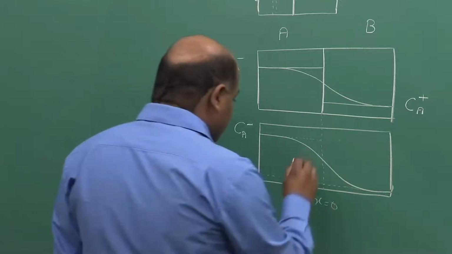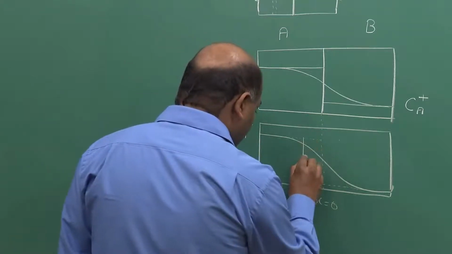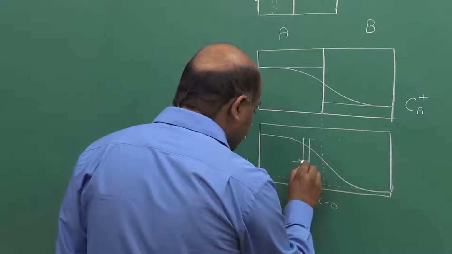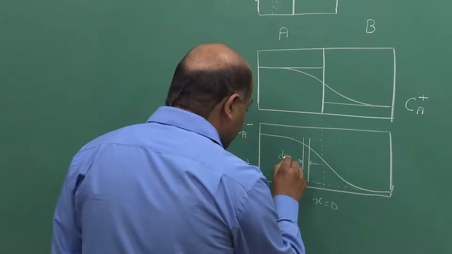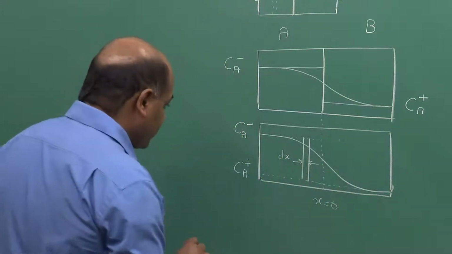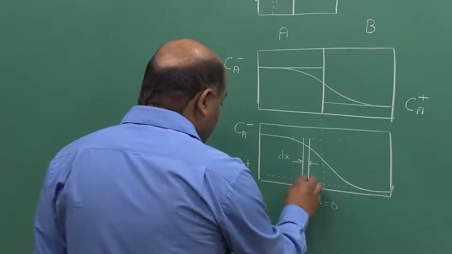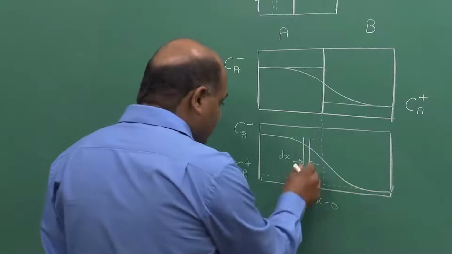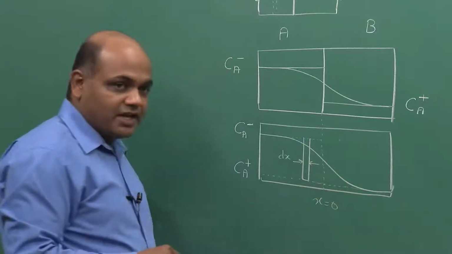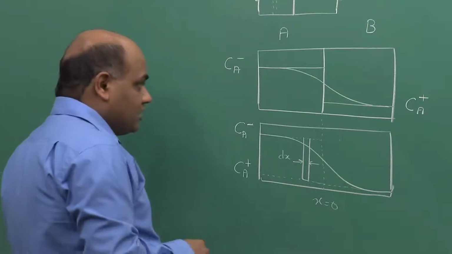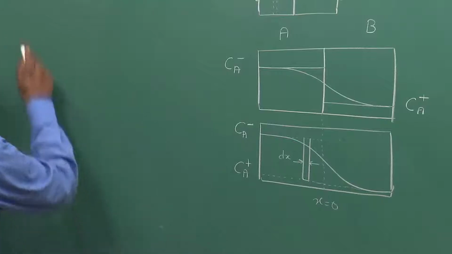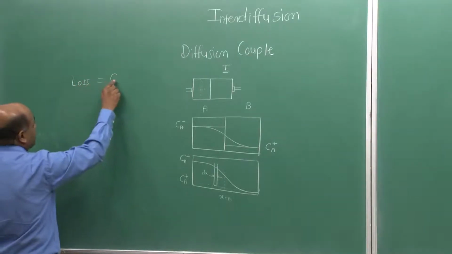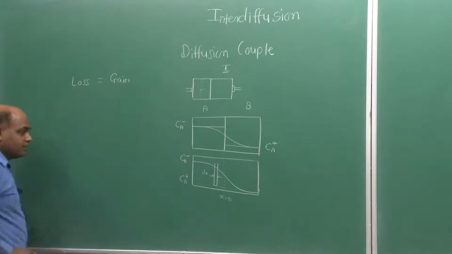If we consider a small volume element of width dx in the diffusion zone, and if we consider unit cross sectional area, then the volume of this small element would be dx. We want to do the mass balance. Loss on the left side should be equal to gain on the right side.